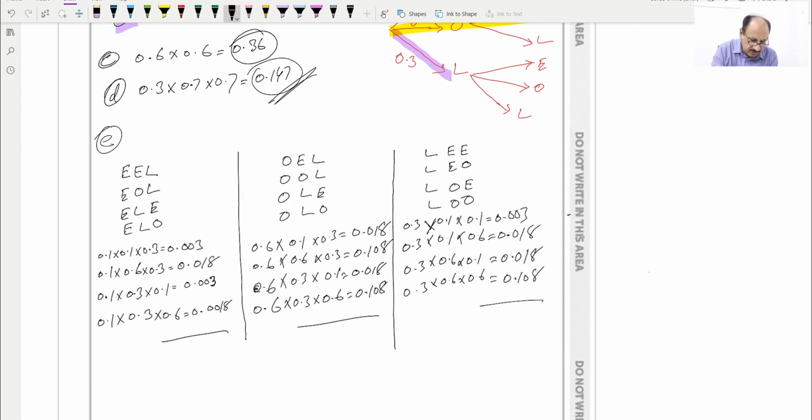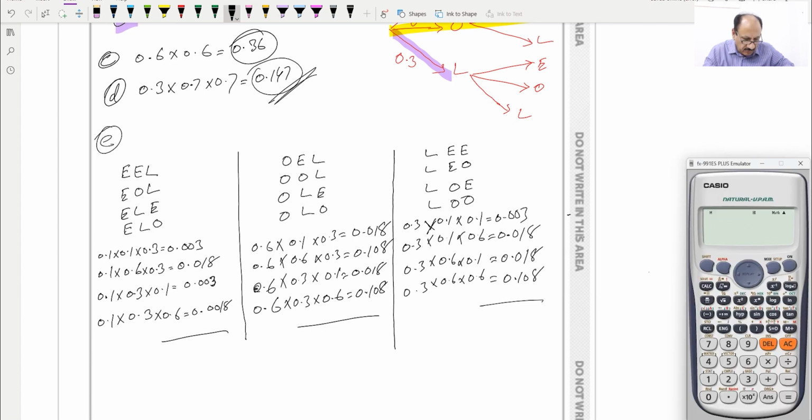We will be adding all of this, and we can use a calculator for this one. So it will be 0.003 plus 0.018 plus 0.003 plus 0.018, and this will be resulting to 0.003, 0.018, 0.003, and so on.